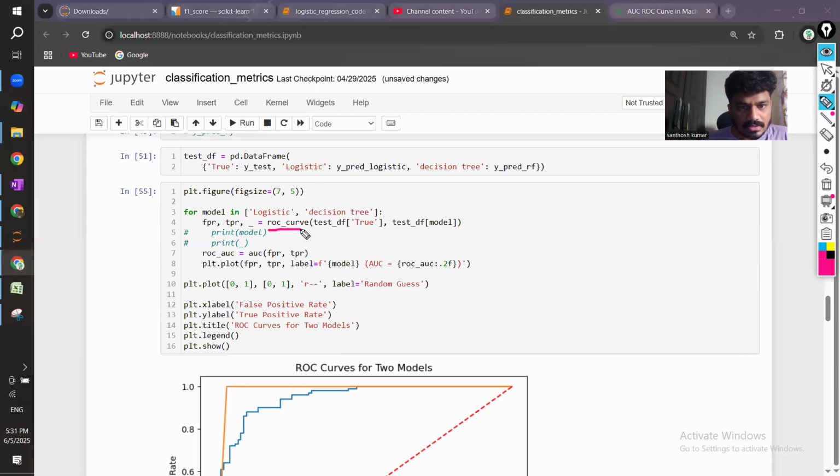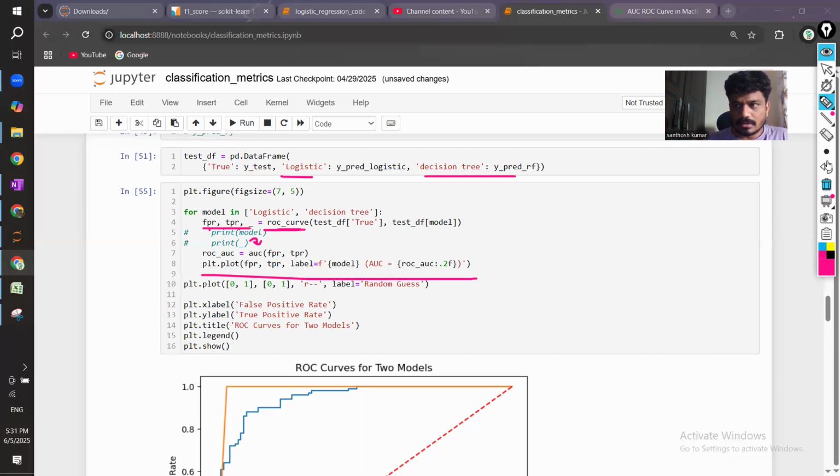I'm creating one code where I'm using logistic regression and decision tree, looping through it, and calculating the ROC curve, FPR, TPR, and threshold values. I'm passing these FPR and TPR values to my AUC function, and plotting.